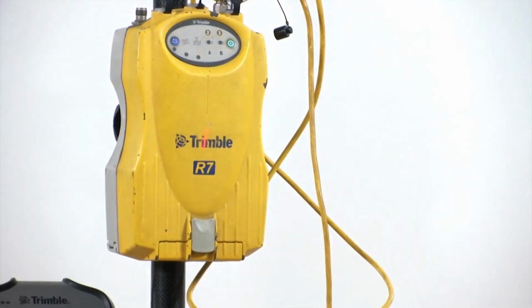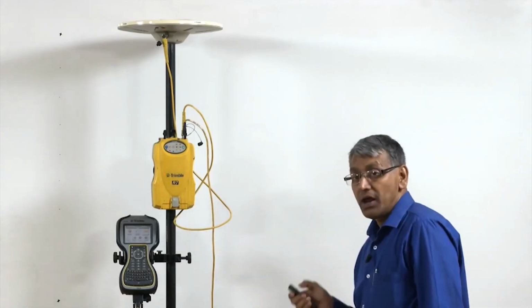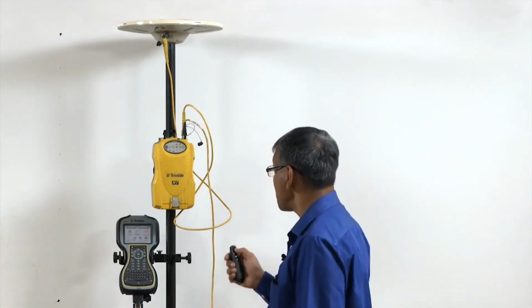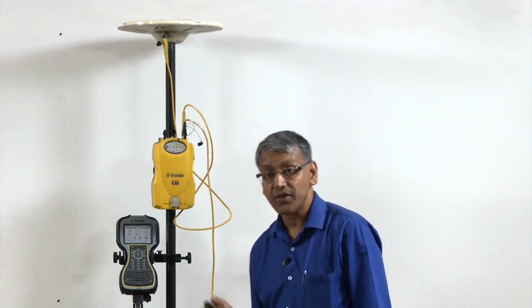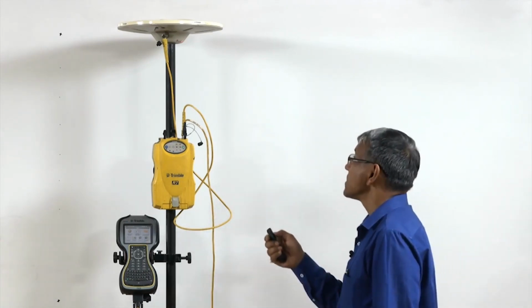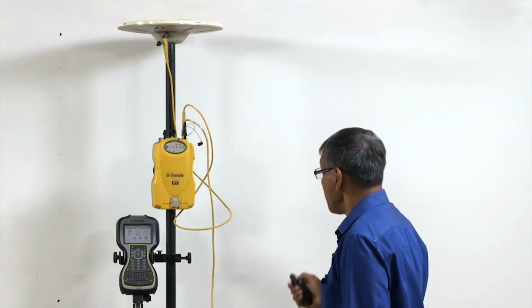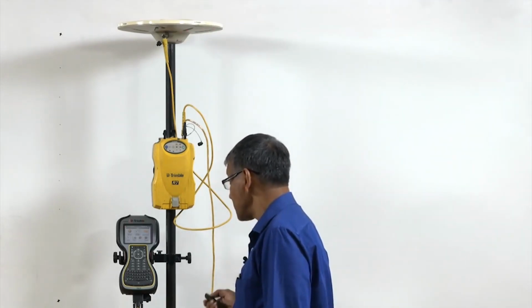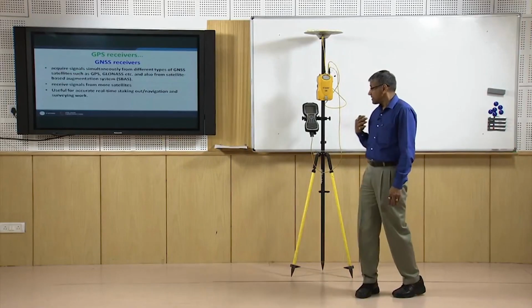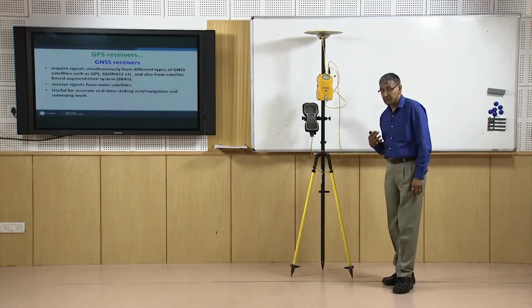Now this receiver can receive signals from GPS satellites as well as from GLONASS satellites as well as from SBAS satellites. So this is a very powerful receiver. The signals can be useful for many precise measurement activities.